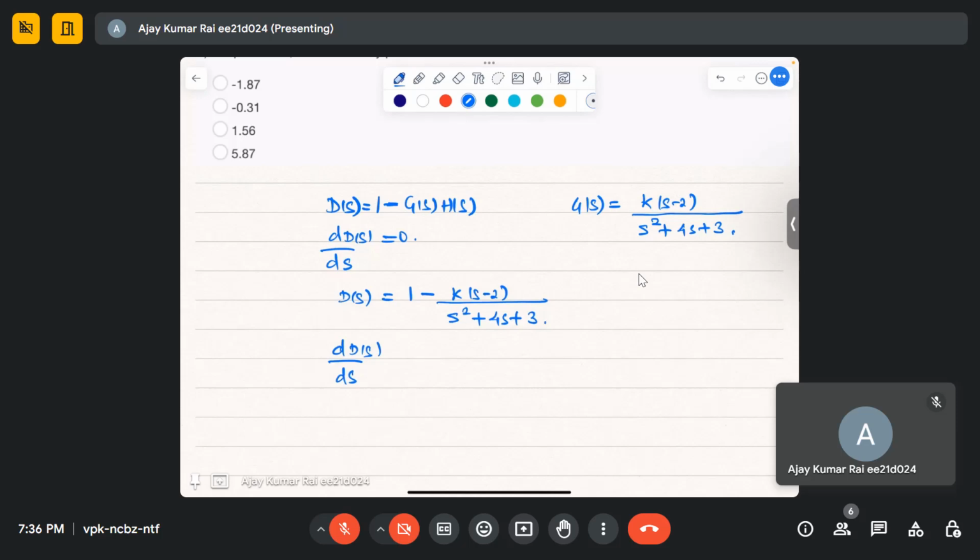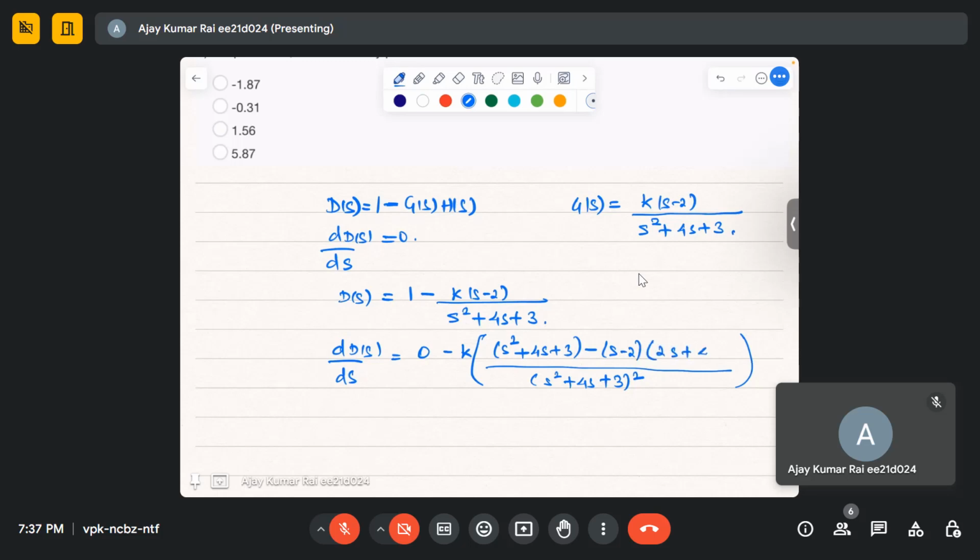So differentiate this. 0 minus k times... in the denominator we're not concerned, so we'll focus on the numerator. The differentiation of s minus 2 is 1. Minus s minus 2, and if you differentiate the denominator, 2s plus 4.